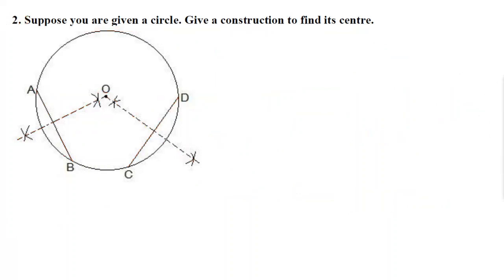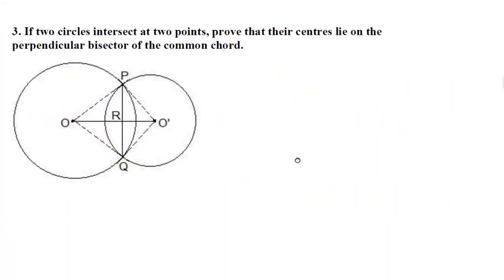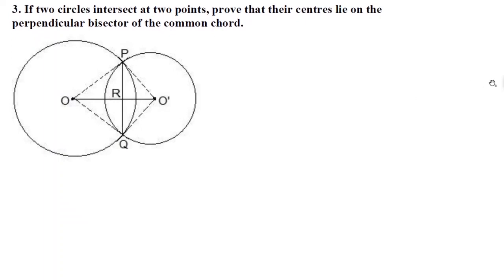Now we will move to the last question, question number 3. If two circles intersect at two points, prove that their centers lie on the perpendicular bisector of the common chord. So what is given to us? Given are two circles, O and O dash are the centers of these two circles. They are intersecting at two points, P and Q, and we have a common chord, PQ.